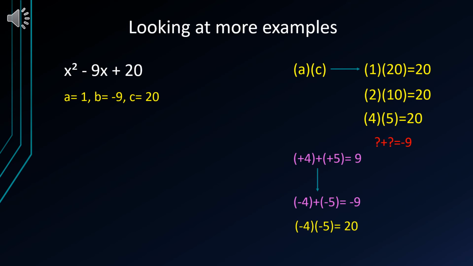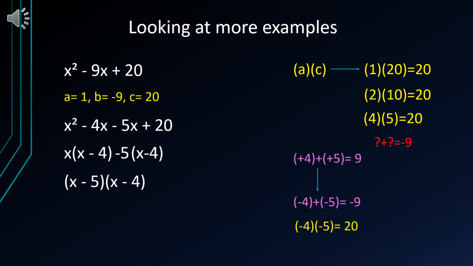And the product of negative 4 and negative 5 equals 20. Now, we expand our trinomial to get x squared minus 4x minus 5x plus 20. From here, we can easily pull out what is common and introduce the brackets. Then group the terms together.